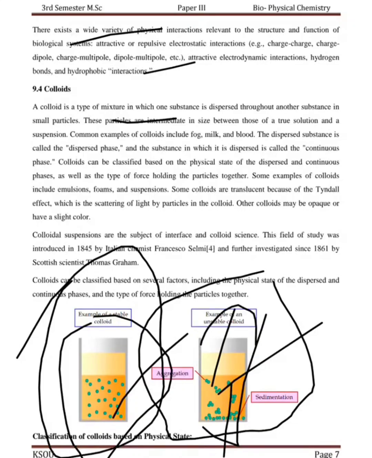Colloids can be classified based on the physical state of the dispersed and continuous phase, as well as the type of force holding the particles together. Some examples of colloids include emulsion, foam, suspension, and translucence because of the Tyndall effect.